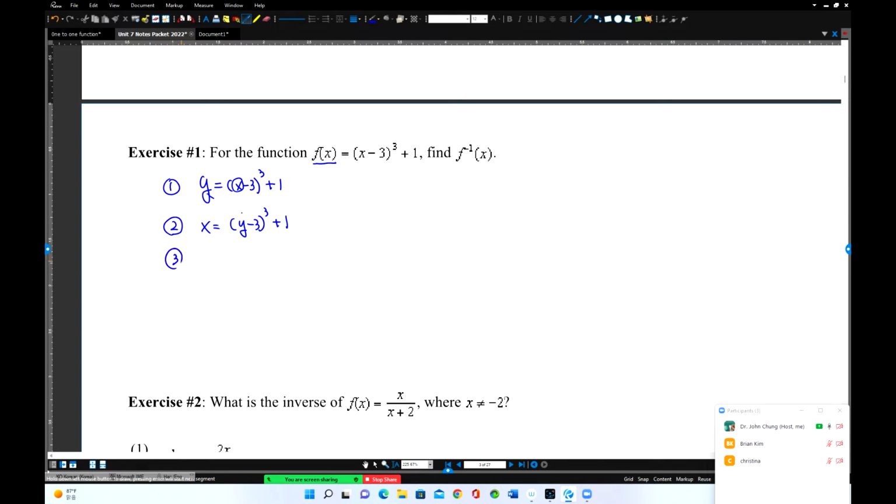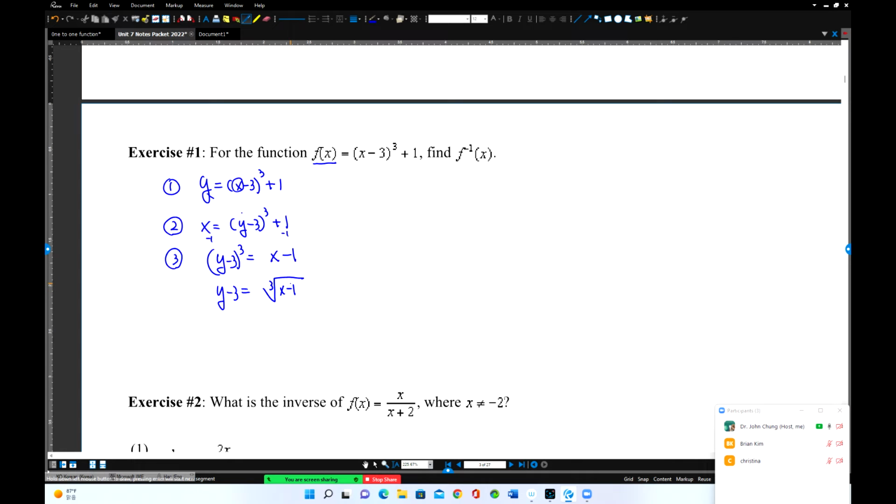That's the third step, okay? So minus 1, I'm going to write this as the first. (y minus 3) cubed equals x minus 1. It's okay? Minus 1. I just write (y minus 3) cubed first. After that, we still go a few more steps to express y, okay? Cubed is what? y minus 3 is to the 1/3, okay? 1/3 means the third root of x minus 1.